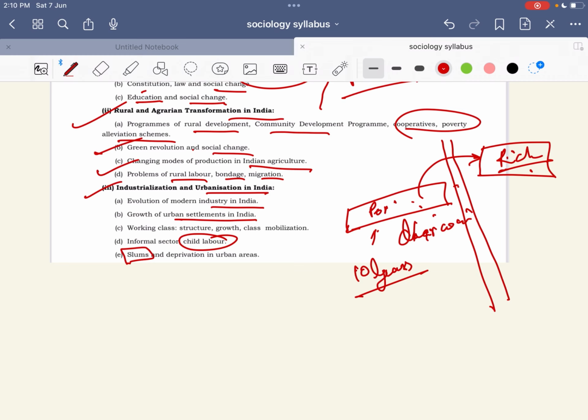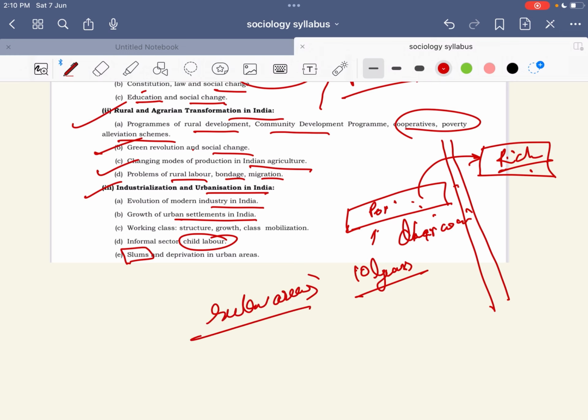So what policies does the government have so that there should be no more slums in India? Why are slums there? You should think: because there are no sources of employment in rural areas.